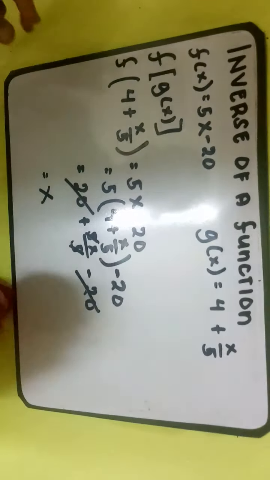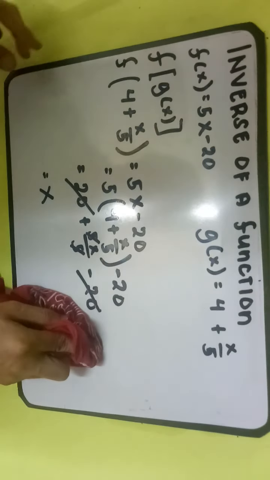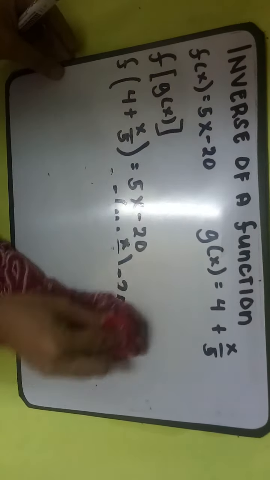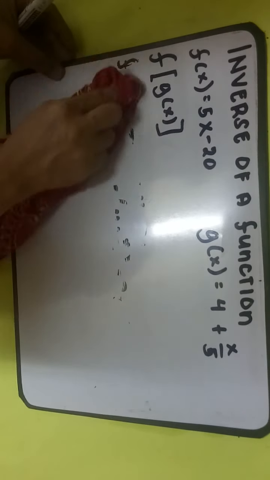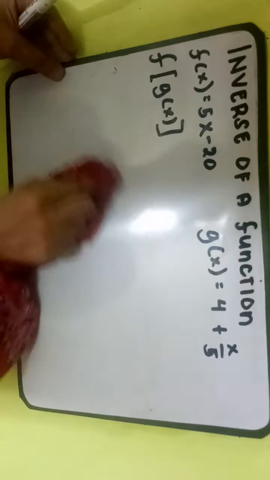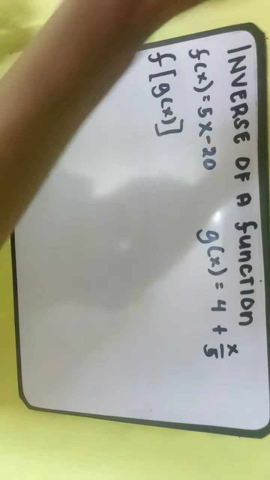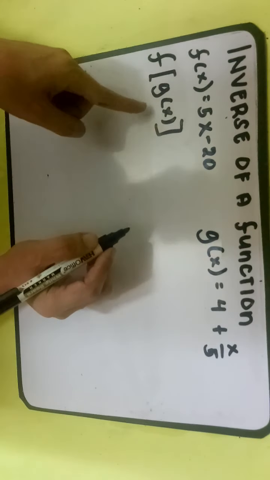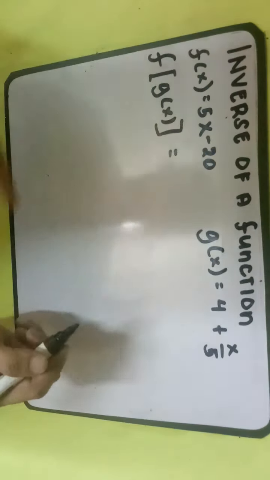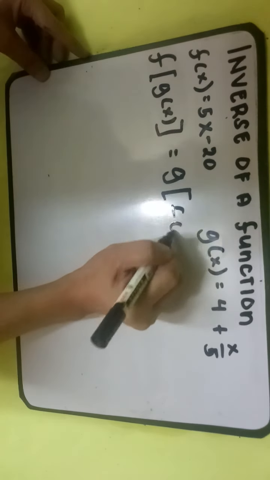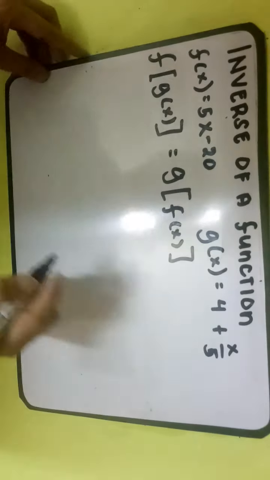Kung babaligtarin natin, dapat x din ang makuha natin para masabi natin na the given functions are inverse functions. So, instead of f of g of x, dapat mag-equal siya sa g of f of x. So, ayan.